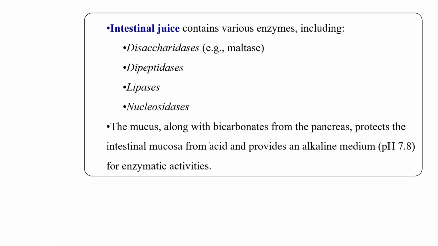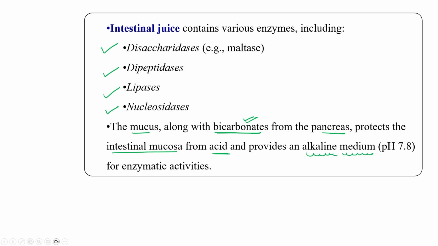In intestinal juice, enzymes like disaccharidases, dipeptidases, lipases, and nucleosidases are present. This mucus, along with the bicarbonate ions which come from the pancreas, protects the intestinal mucosa from acid. Pancreatic bicarbonate and mucus provide an alkaline medium.